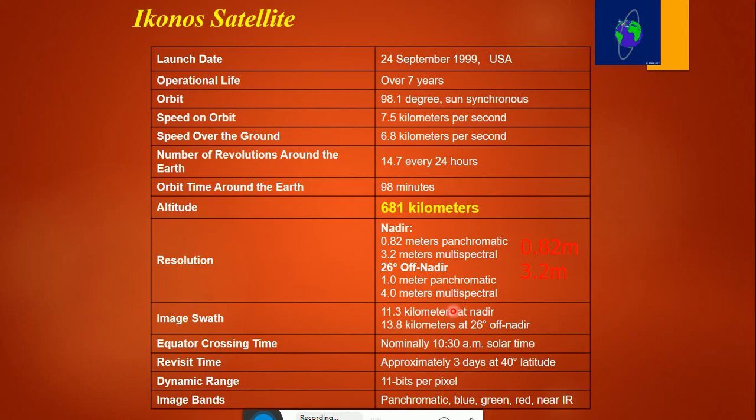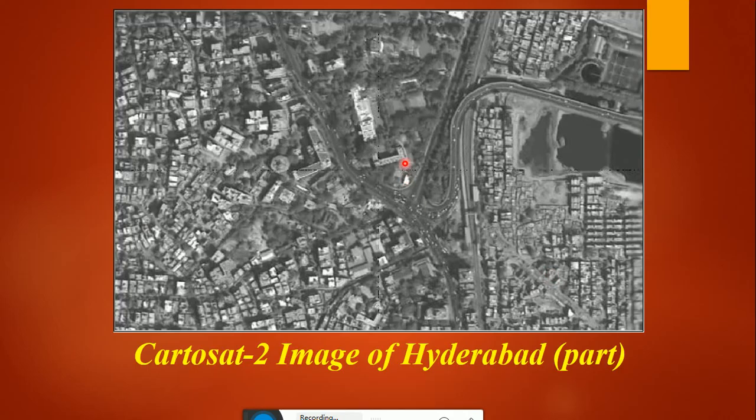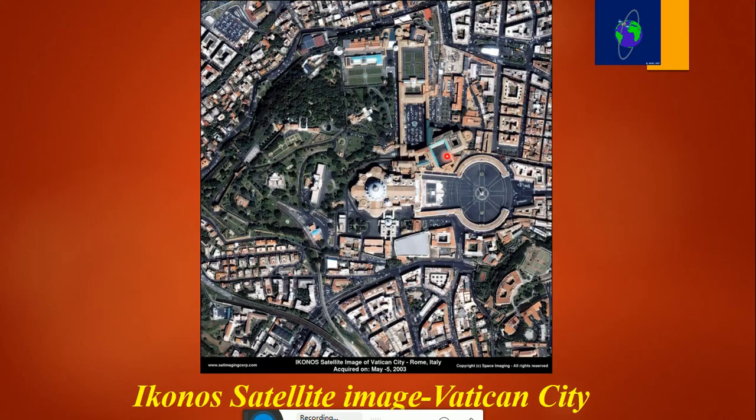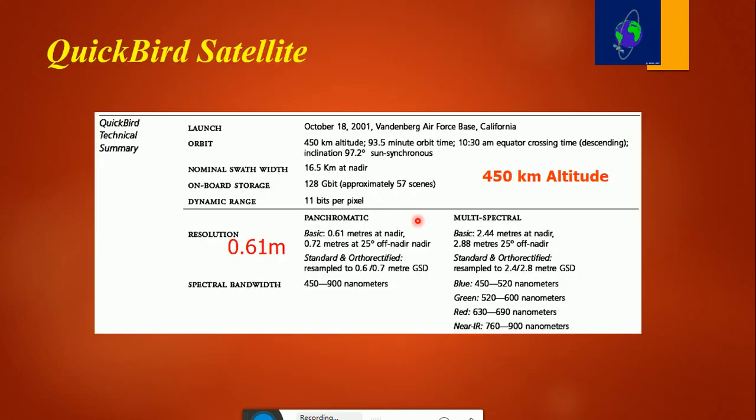Standard and ortho-rectified. Multispectral band is basic 2.1 meters at Nadir, with blue, visible range and near infrared, and 0.61 meter is the resolution. QuickBird satellite image of Paris, part 2. You can see the very clear picture from the QuickBird satellite.